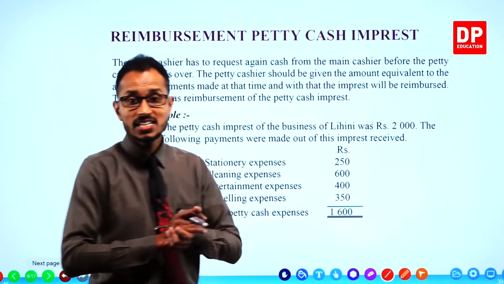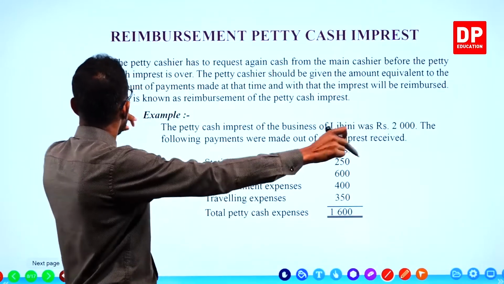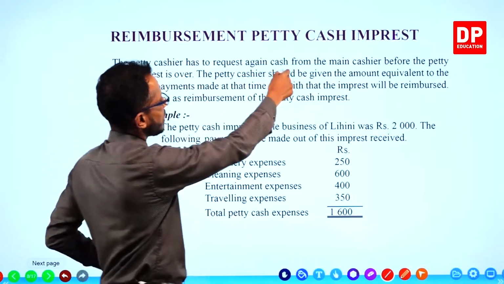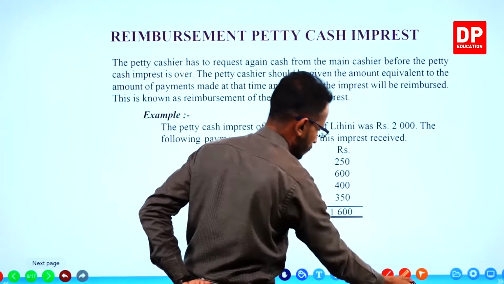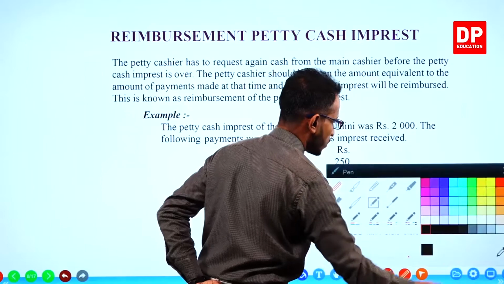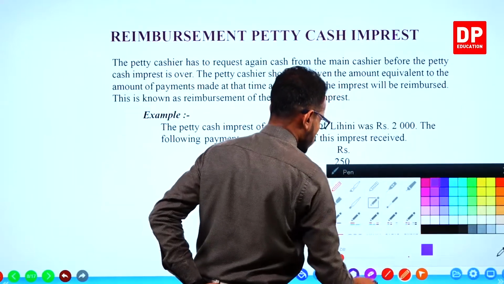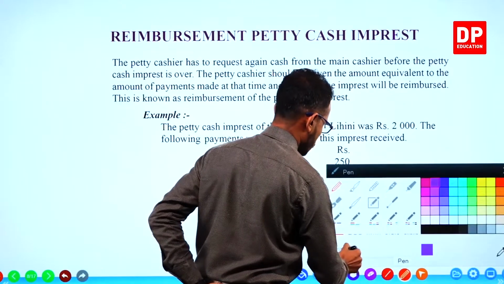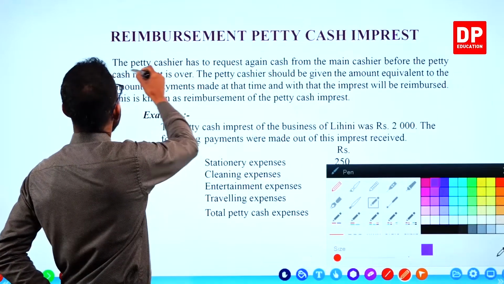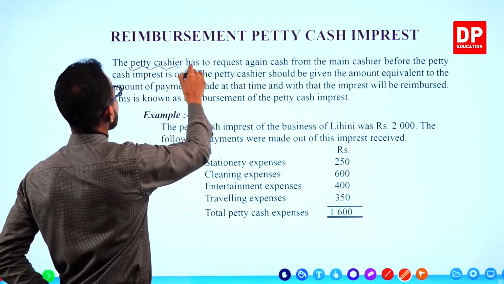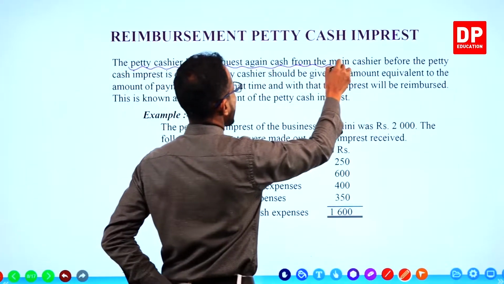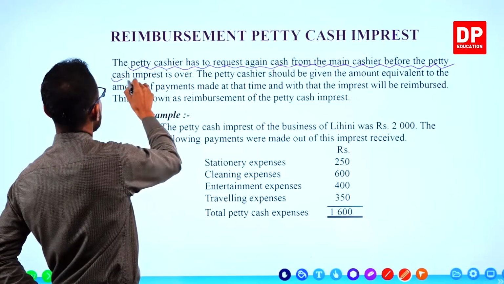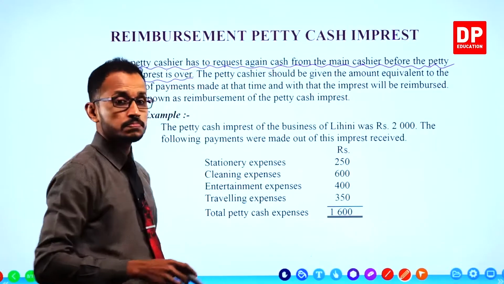Reimbursement of petty cash imprest. Here it says the petty cashier has to request again cash from the main cashier before the petty cash imprest is over.